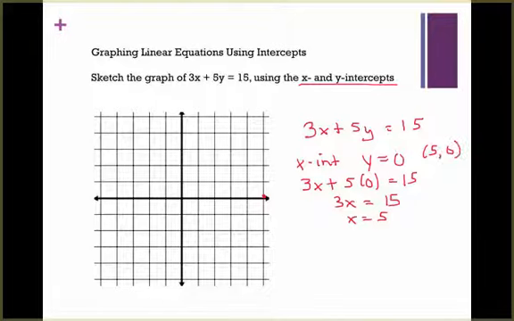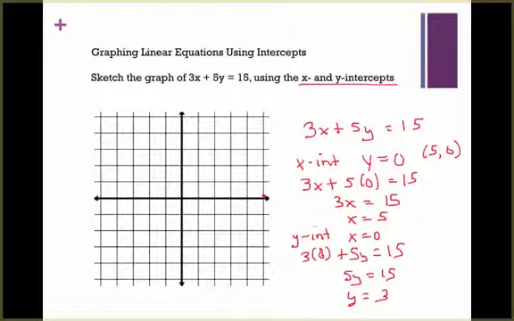Now to find my y-intercept, we let x be 0. So if I take my equation and put 3 times 0 plus 5y equals 15, we get that 5y equals 15, or that y equals 3. So I now know I'm touching the y-axis at 3, which would be the ordered pair (0, 3).